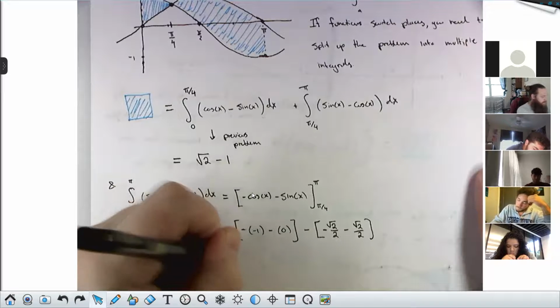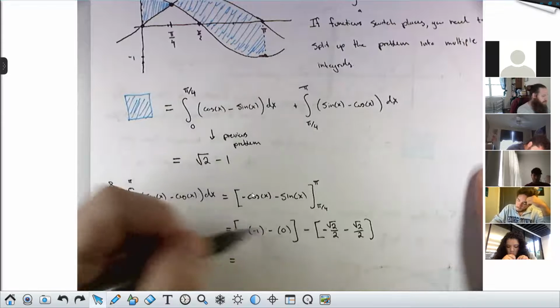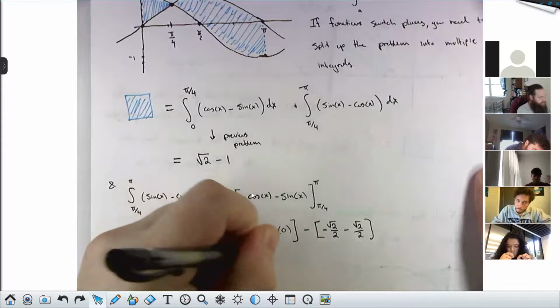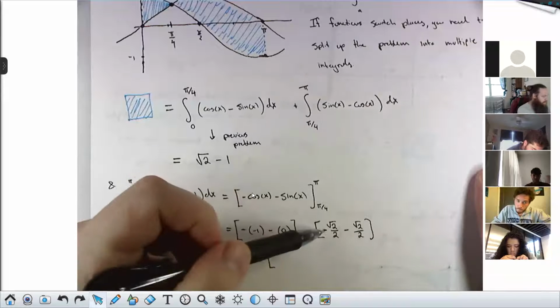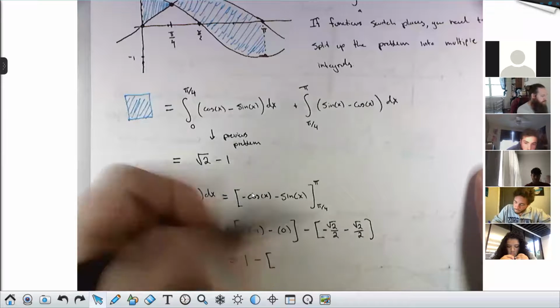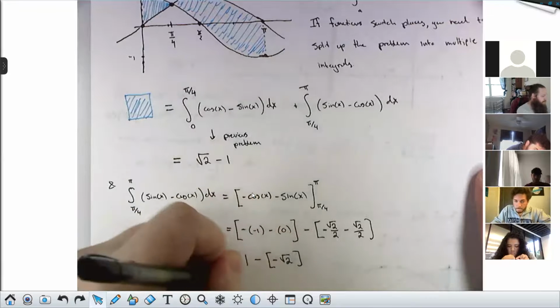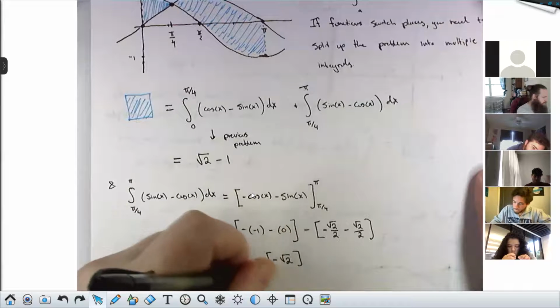Okay, so just be careful with your negatives. -1 is +1, minus 0 is 1, minus the second bracket here, -√2/2 minus √2/2 is -√2. So this guy is 1 plus the square root of 2.